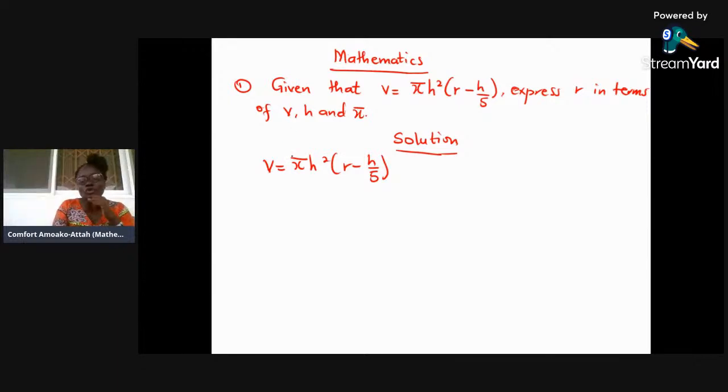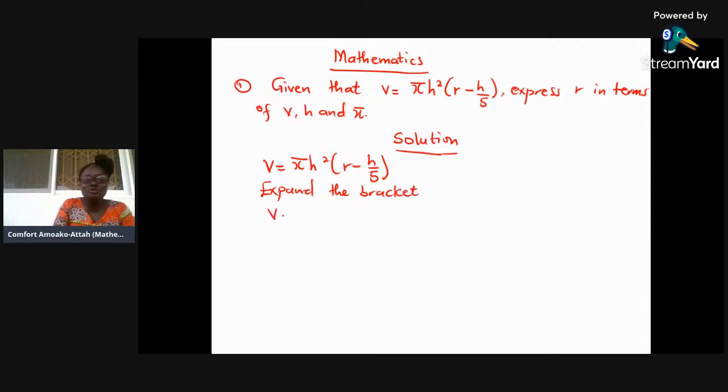So what do we do again? When you have a question involving brackets, the first thing to do is to tackle those inside the bracket first. So we need to expand our bracket.